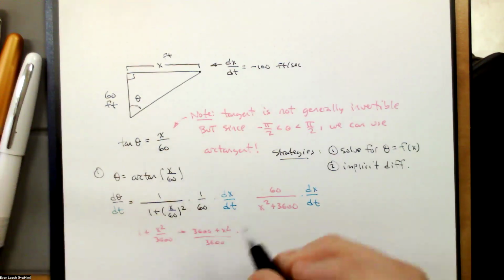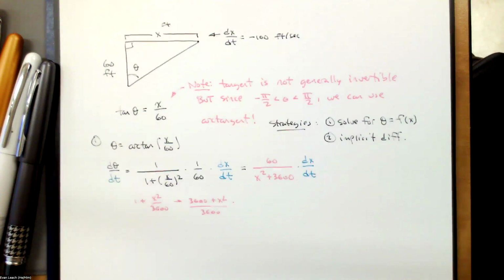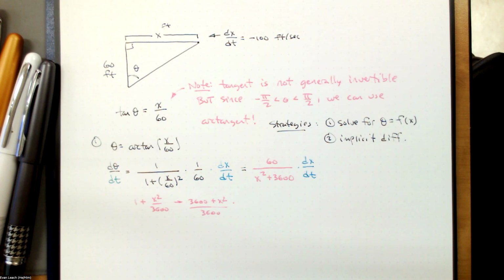So maybe we clean this up a little bit. So I did a little algebraic sleight of hand there. So I roll my sleeves up, nothing up my sleeves, algebraic sleight of hand.